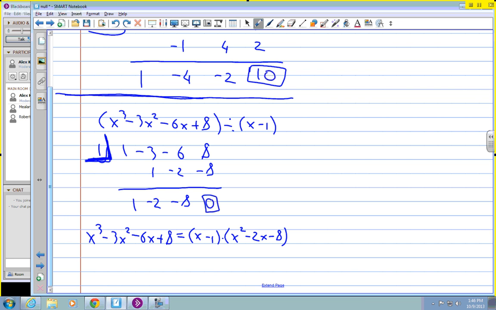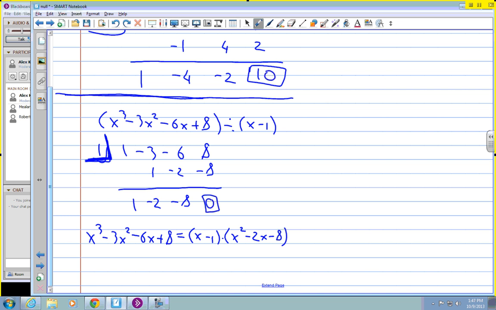Right? Do you agree with that? So if I ask you, is x minus 1 a factor of our original polynomial, what would you say? Yes, because I just wrote it. It's a factor because there's no remainder, plus 0, so it's a perfect product.